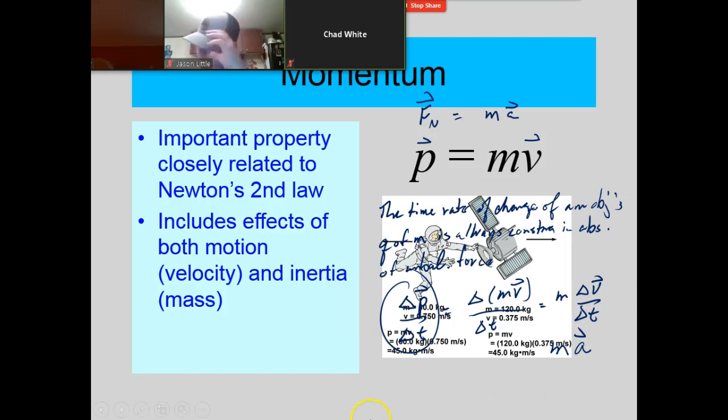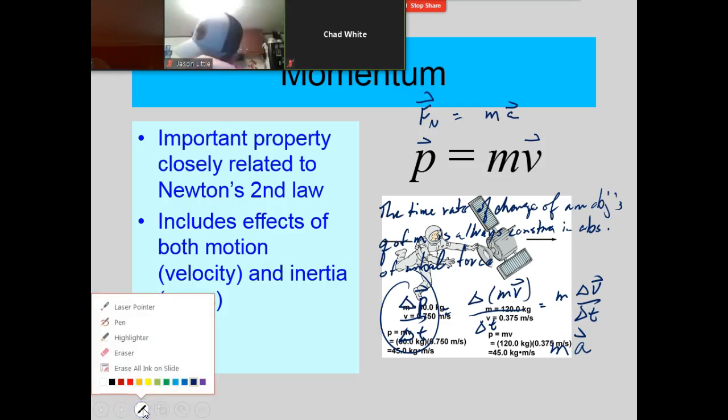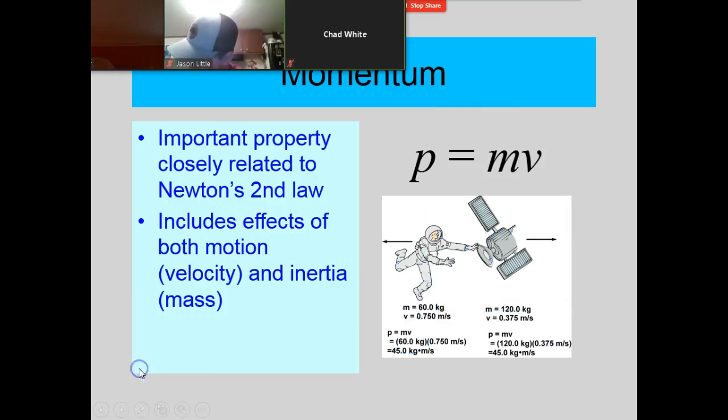Remember that problem that we had with the astronaut and the spacecraft? Here we meet it again. The mass of that astronaut was 60 kilograms. We calculated its velocity to be 0.750 meters per second.